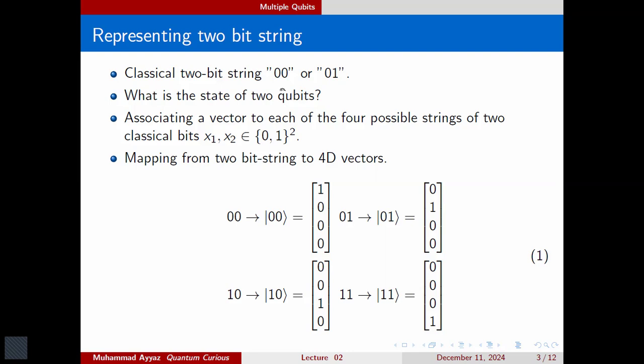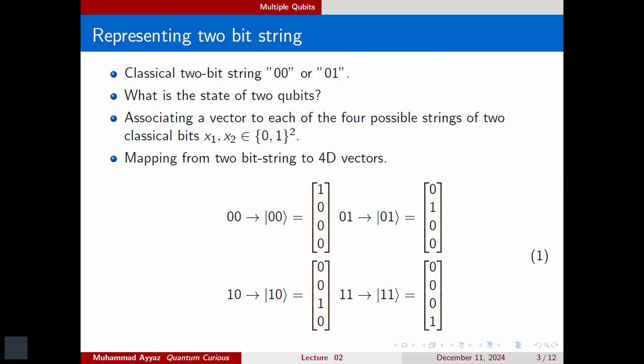As in the single qubit state formalism, we could designate the 2-bit string a vector, and we can get a 2-qubit state.